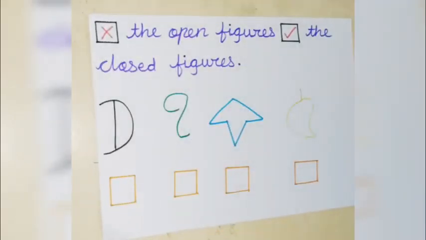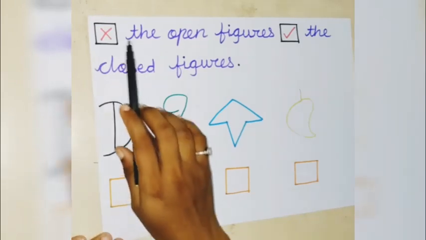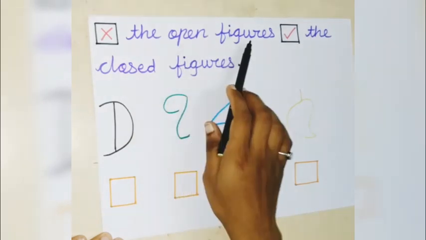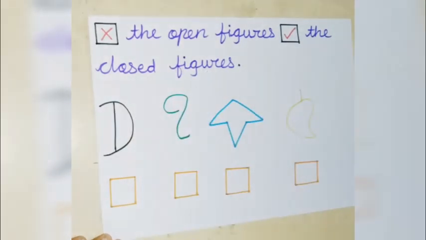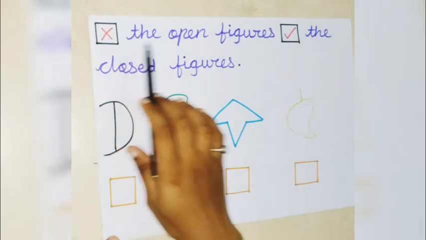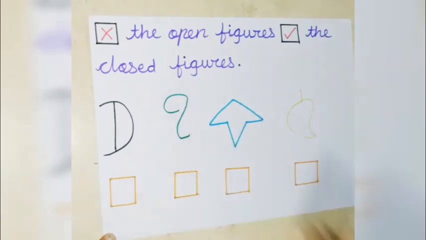So children, now we are going to solve a question. Cross the open figures and tick the closed figures.